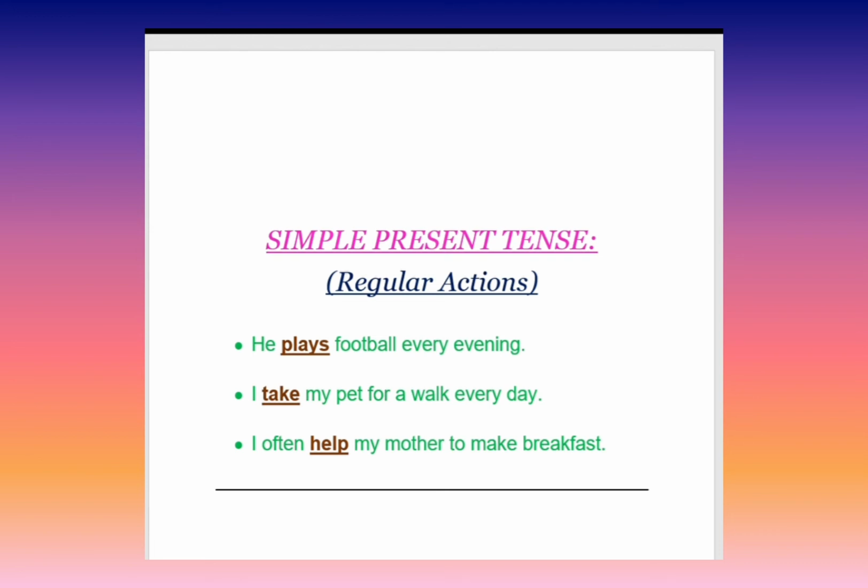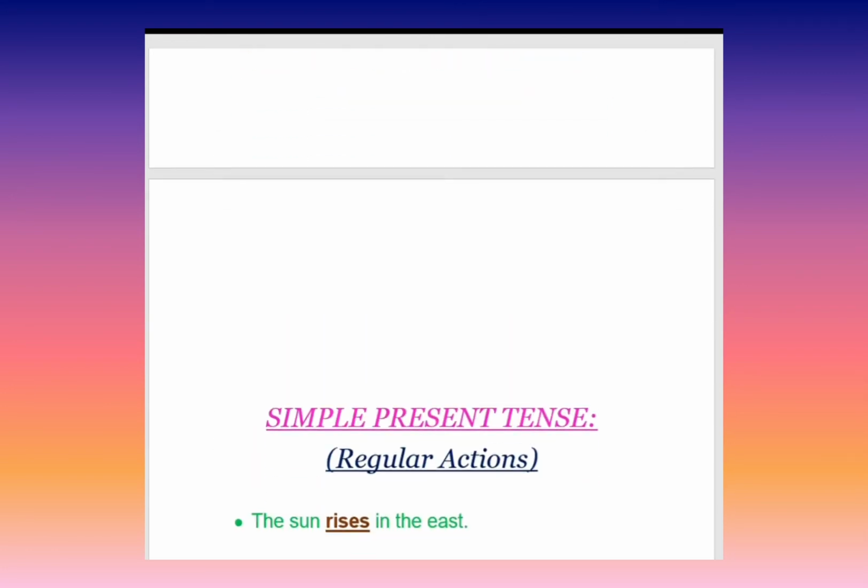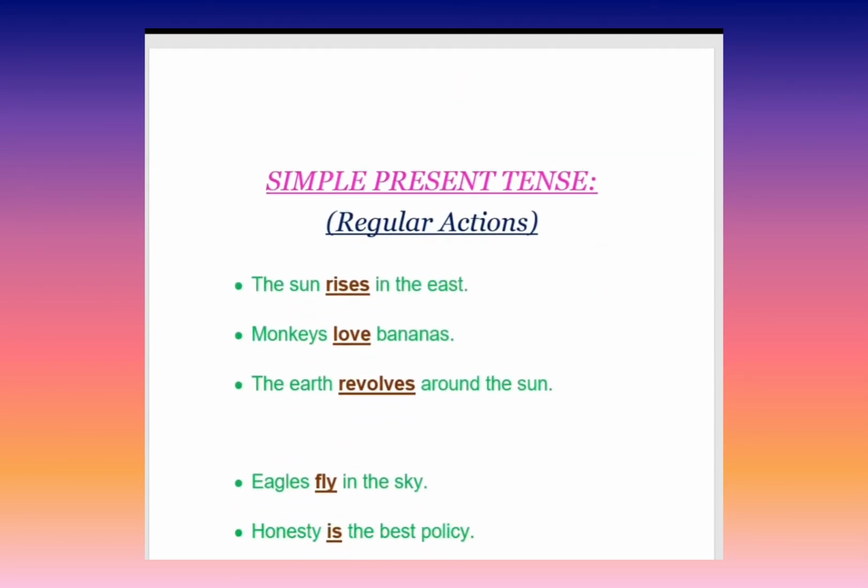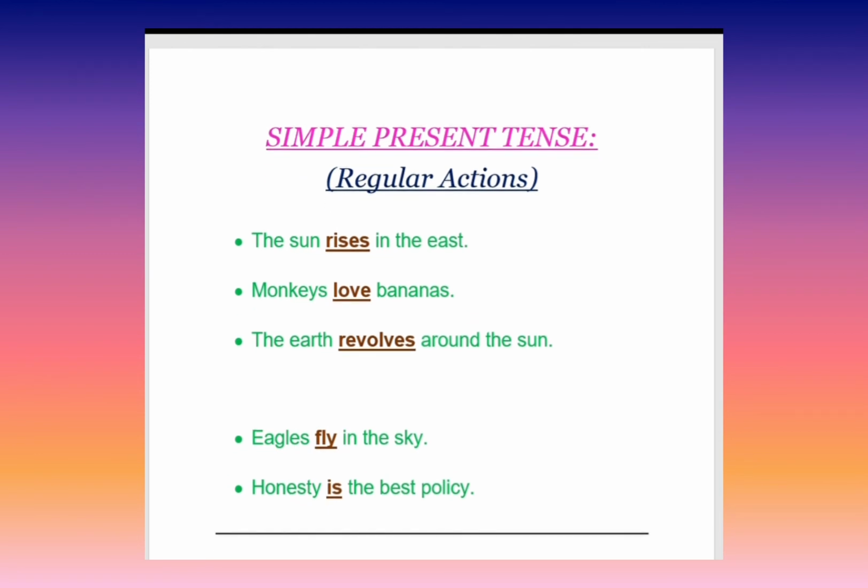Now we use the simple present tense to talk about generally accepted truths or facts. For example, the sun rises in the east, monkeys love bananas, the earth revolves round the sun. Then the simple present tense is used to express a habitual action or a general truth.